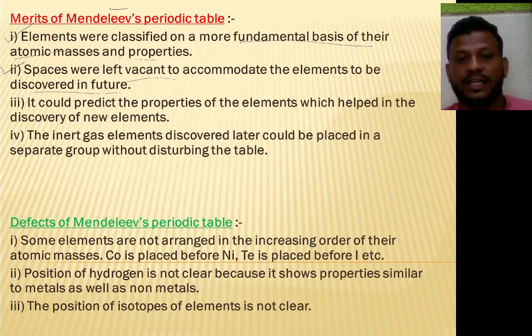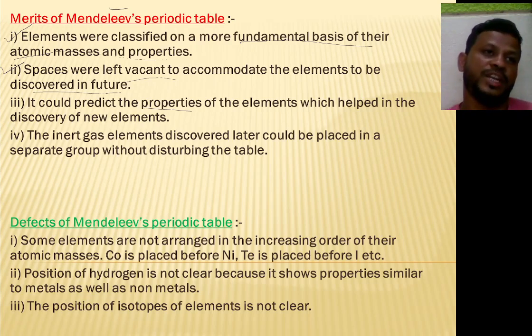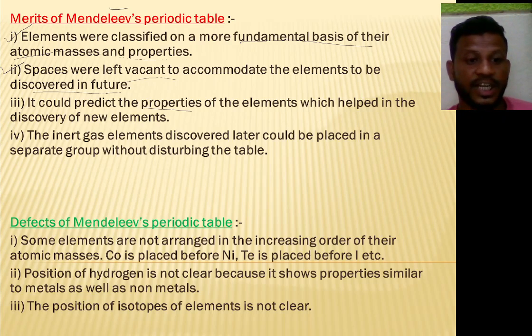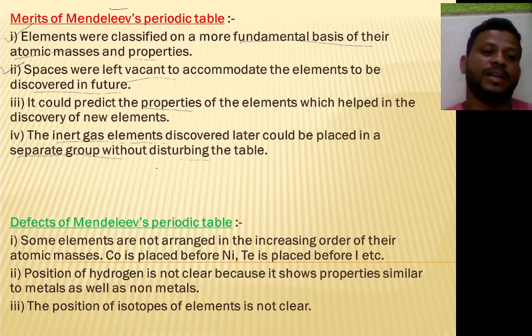He could predict the properties of an element, which helped in the discovery of a new element. Next, the inert gas elements or the noble gas elements discovered later could be placed in separate groups without disturbing the table.